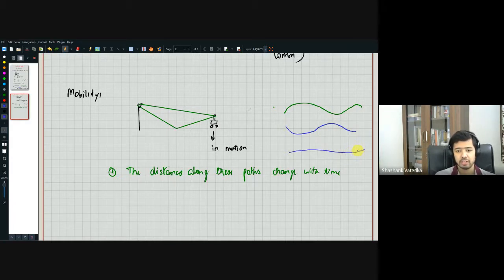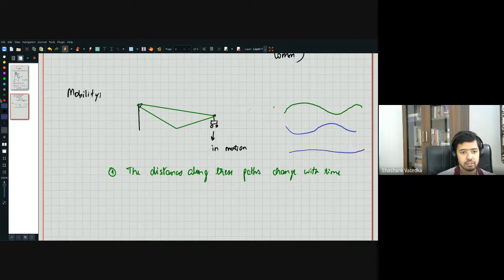Since the receiver is in motion, you keep moving from regions of constructive interference to regions of destructive interference. Depending on how fast or how slow you are moving, you could rapidly go from constructive to destructive interference, and vice versa.